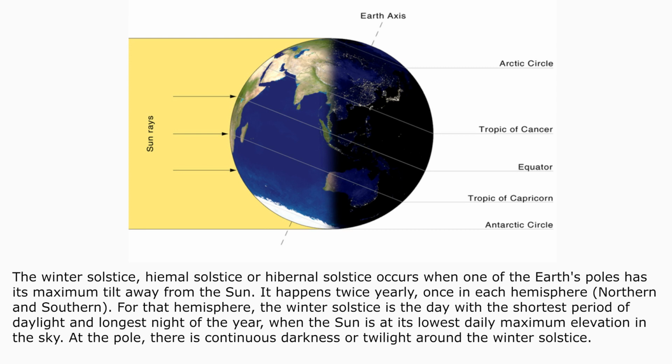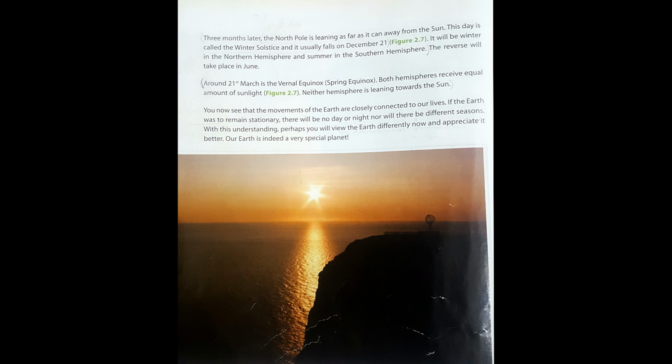And at the pole, there is continuous darkness or twilight around the winter solstice. Around 21st March is the Vernal Equinox, spring equinox. Both hemispheres receive an equal amount of sunlight. Neither hemisphere is leaning towards the sun.